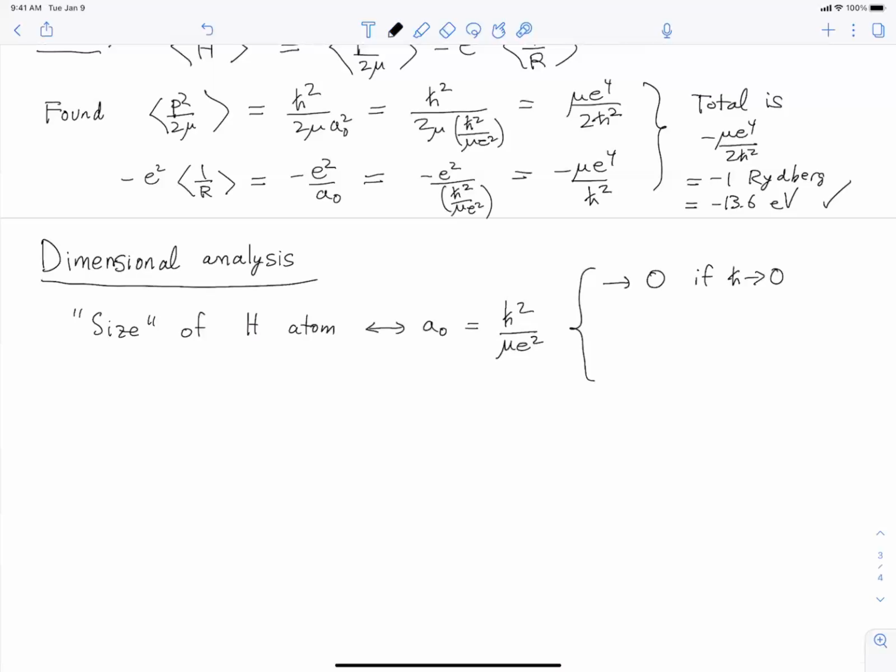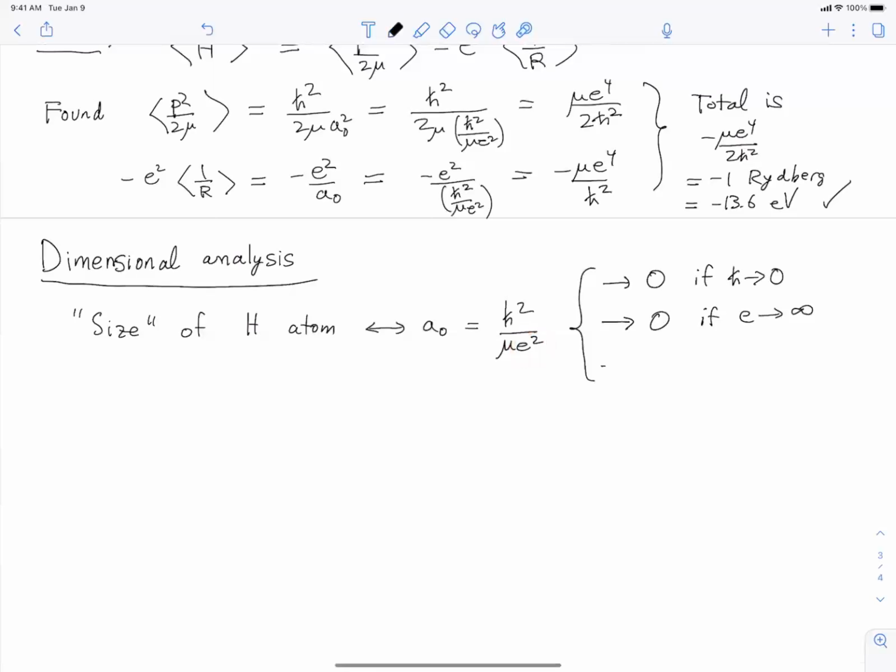Another thing is if you take e very large, if you take the charge on the electron to infinity, then the force between the proton and the electron becomes very large, and the thing should again collapse down to a point. So the Bohr radius should go to 0 in that limit, and sure enough, that's what this is telling us in the denominator.